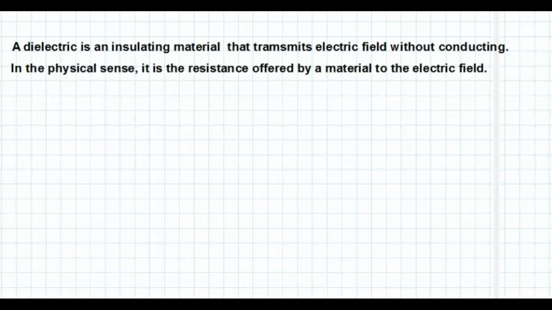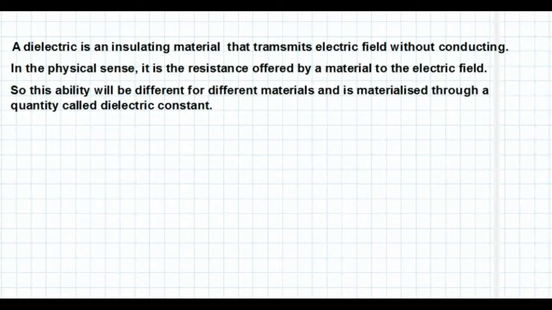So how will we differentiate this capacity to resist the electric field for different dielectrics? It is done through a quantity called the dielectric constant. The ability to resist the electric field will be different for different materials, and is represented by the dielectric constant.